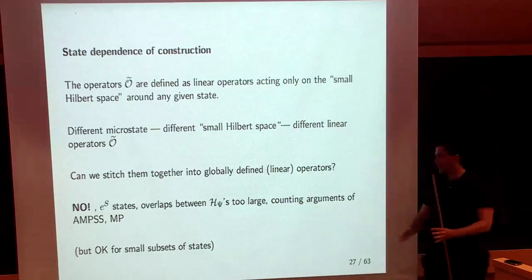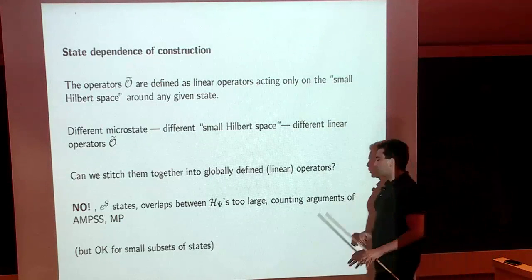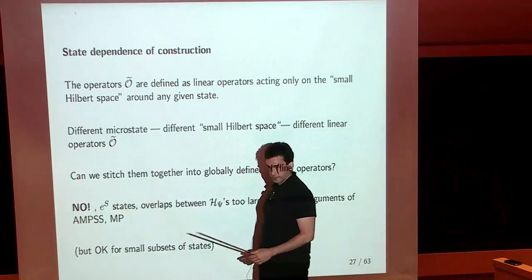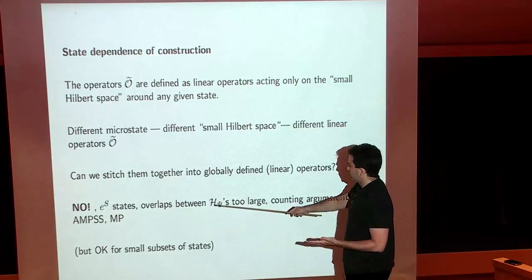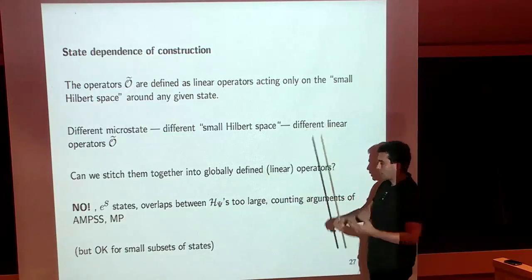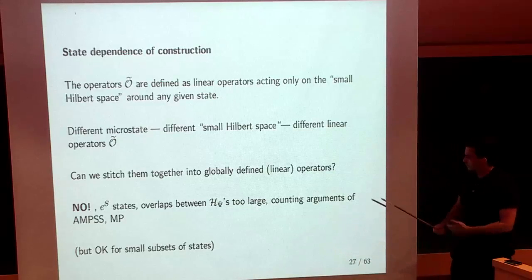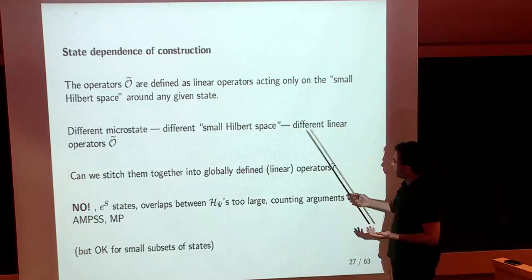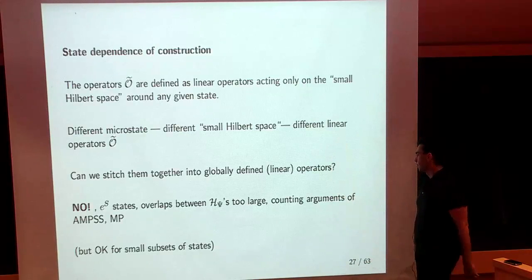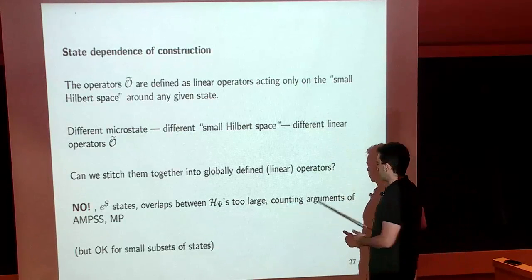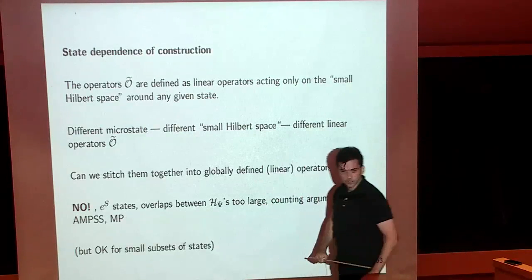The answer is clearly no, because there are too many states. There are e to the S states, and the overlaps between different subspaces H of psi become too large, so it's not possible to promote these operators into fully globally defined linear operators on the Hilbert space. This is the result of the counting arguments that I mentioned.